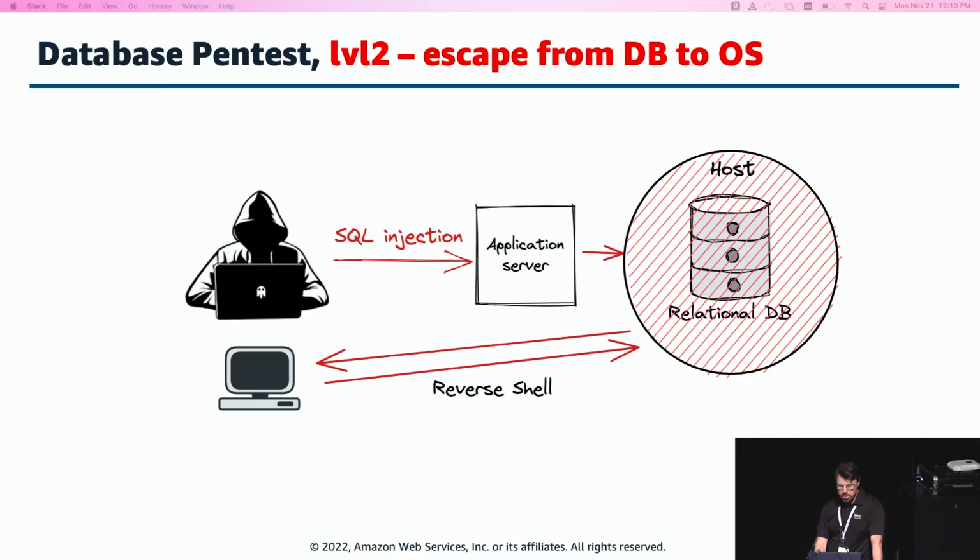The next step is we'll try to escape from the database to the operating system. We assume that this database is running on Linux, and we will try to obtain a reverse shell. Basically, the attacker will try to get into the operating system without direct access to the Linux OS.